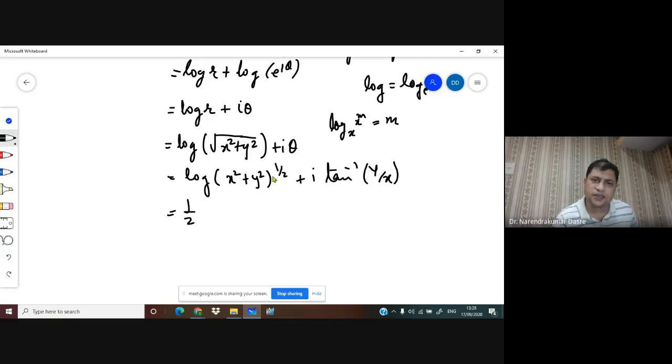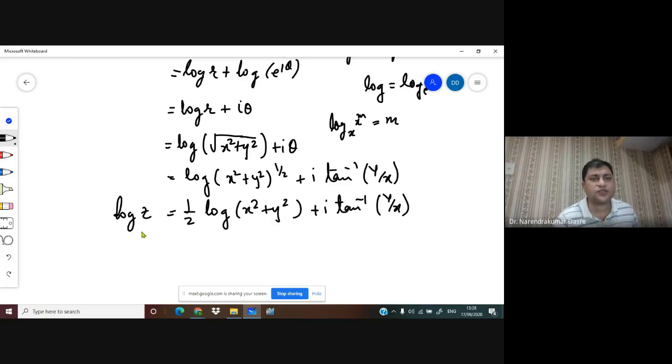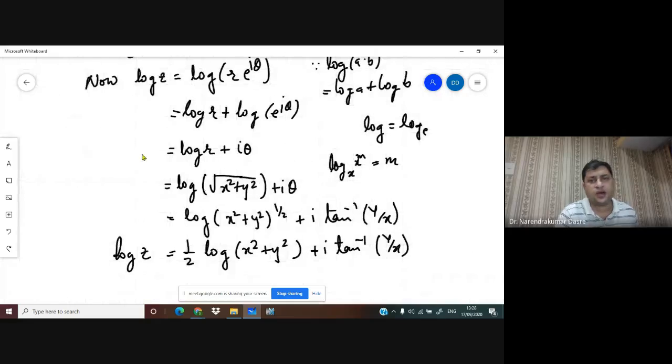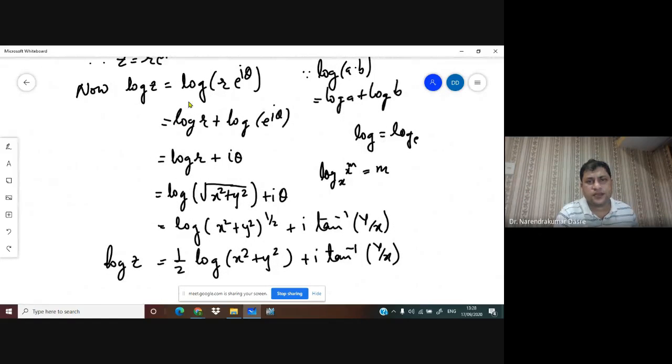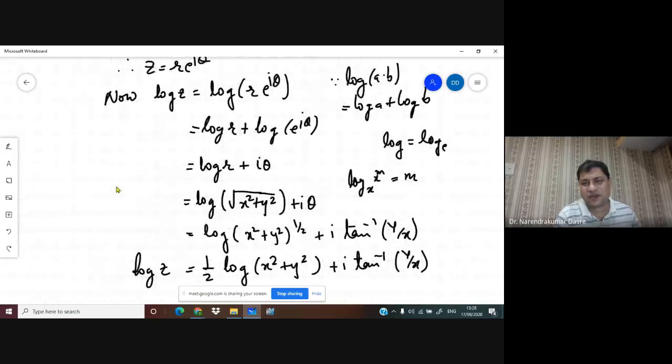So I can write this as half log of x square plus y square plus i tan inverse of y by x. And what we were solving was log of z. This way we are able to find this formula.